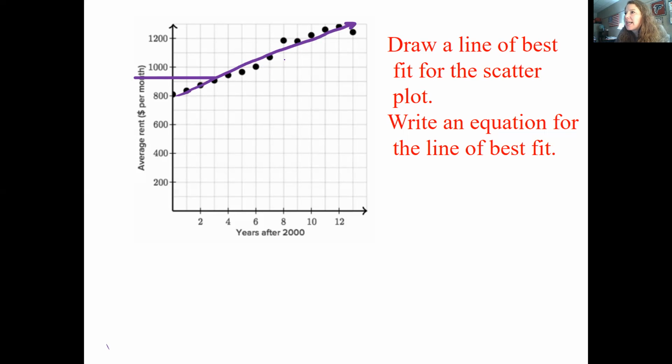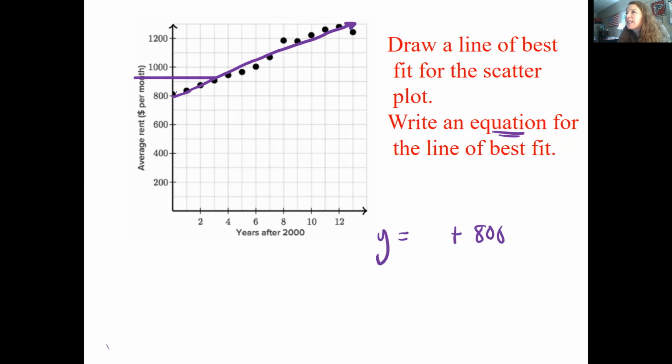So I'm going to use the line that I just drew in order to write the equation. Now, obviously the easiest thing to do is to find the y-intercept. So we're going to use a y-intercept of 800. And even though we may not be exactly right, we know we're very close, right? It looks like it's actually a tiny bit less than 800, depending on where your line of best fit is.